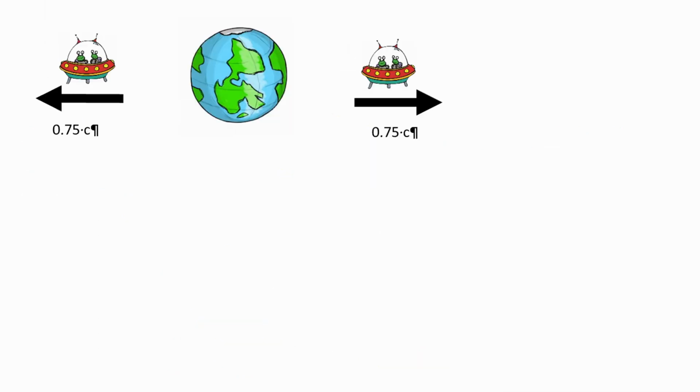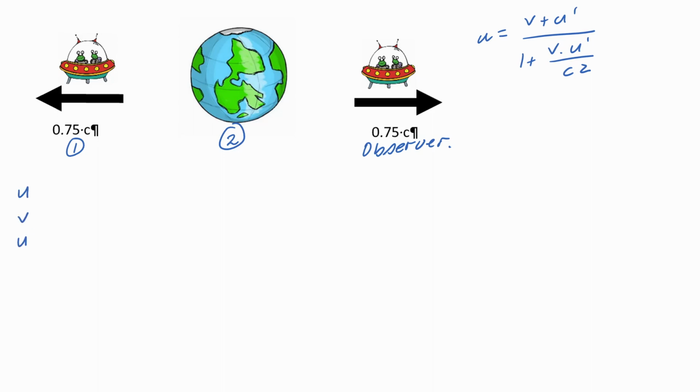Okay, so same scenario. This time I'm going to say that this is object 1, this is object 2, and this is the observer. The equation I'm going to use is that u is equal to v plus u dash over 1 plus v times u dash over c squared. Now to define again, so I've got u, v, u dash. So I've got object 1 with respect to observer, object 2 with respect to observer, and then object 1 with respect to object 2.